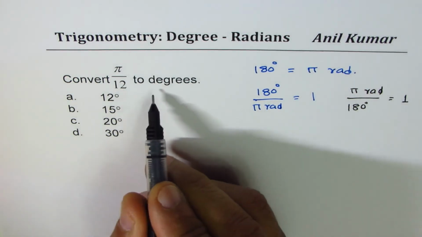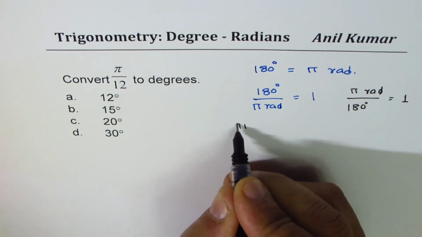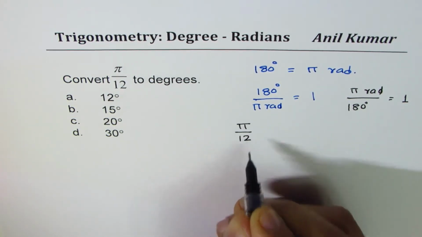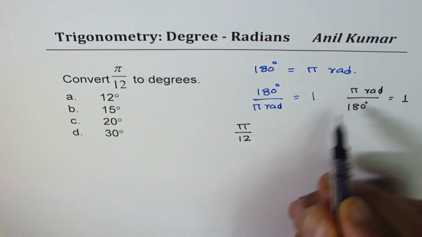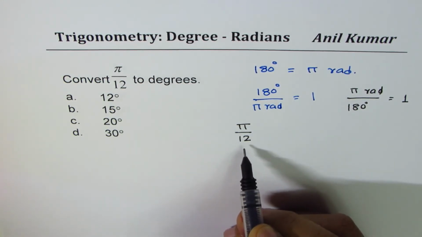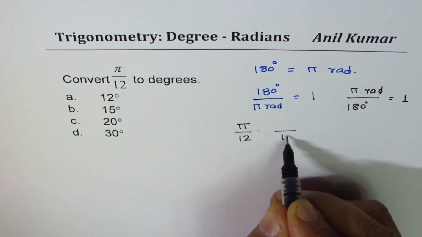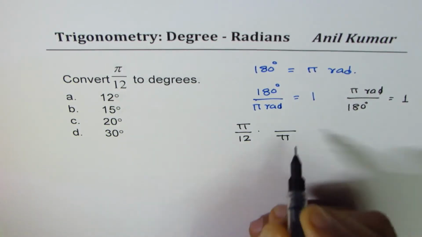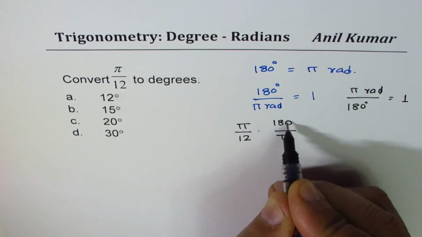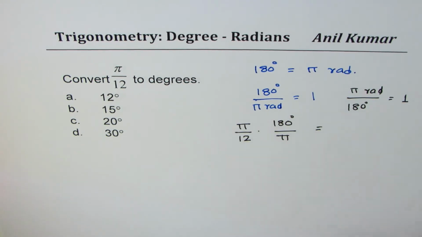Now what you need to do is convert from radians to degrees. We are given pi over 12. Radians is a ratio, so I need not even write anything. Pi over 12 means radians. We want degrees, so we divide by pi, the radian unit, and multiply by 180 degrees. Now we can simplify.